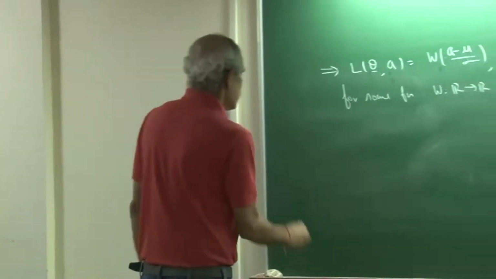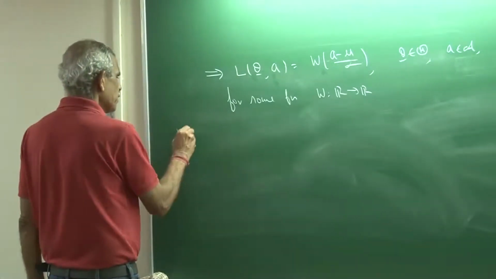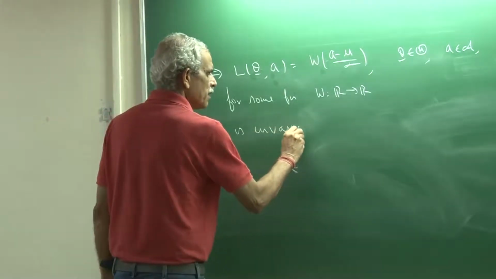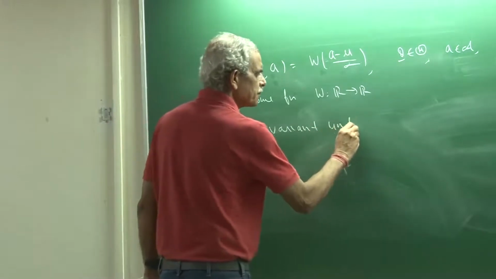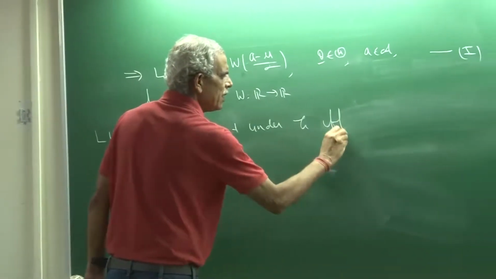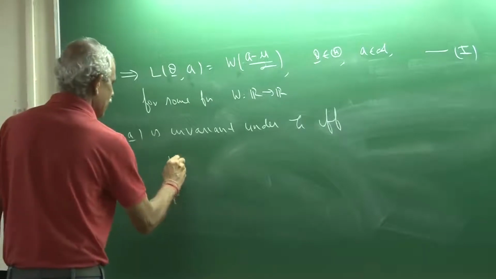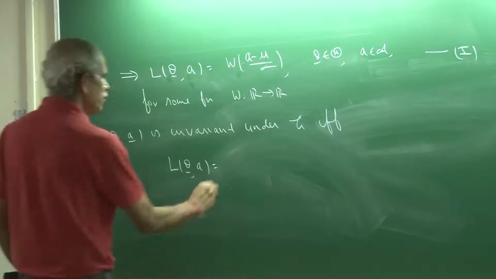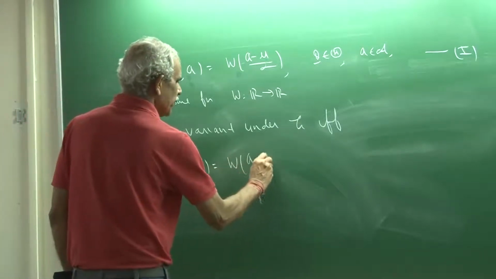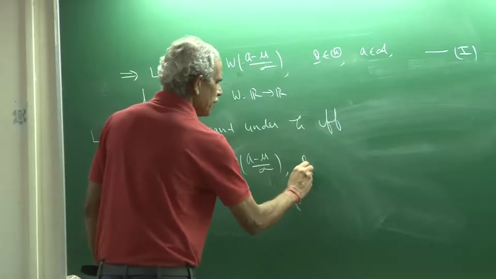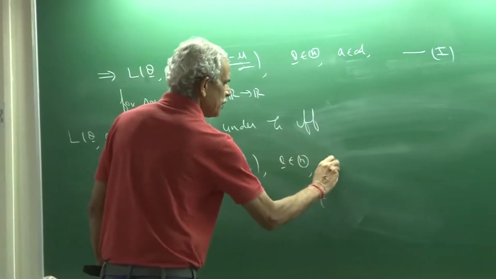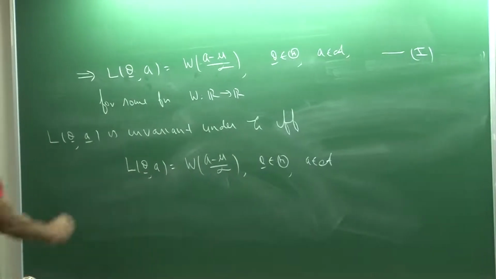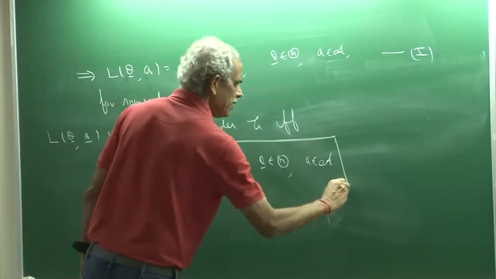So what I conclude is L of theta A is invariant under G if and only if my L of theta A is of type W of (A minus mu) by sigma, theta belonging to capital Theta, and A belonging to script A. So my loss function is of this type. Then only you have an invariance.